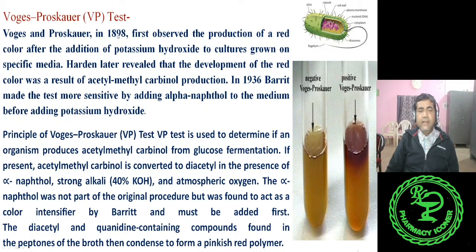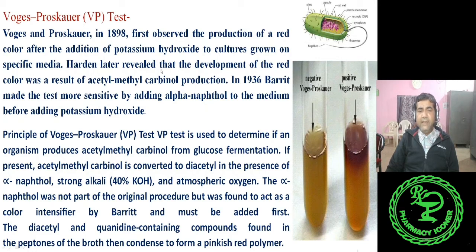They first observed that if they add potassium hydroxide to a grown culture, there is a production of color. Harden, another scientist, later revealed that development of the red color was a result of acetyl methyl carbinol production.